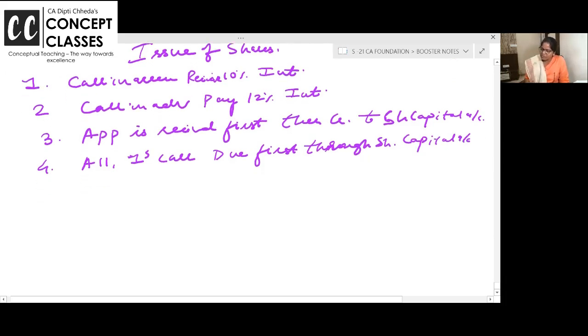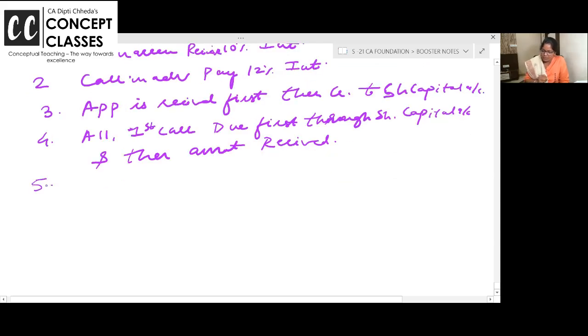Allotment and all is due first through the share capital account. And then amount received. Call in arrears. The rest is all clear to you.